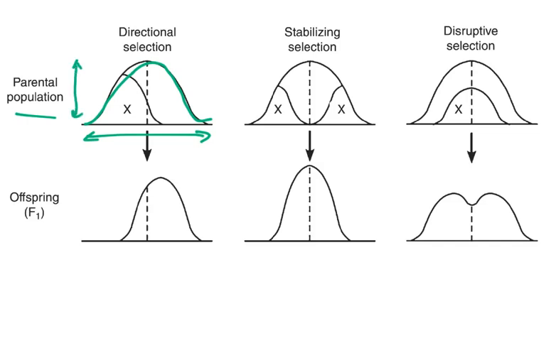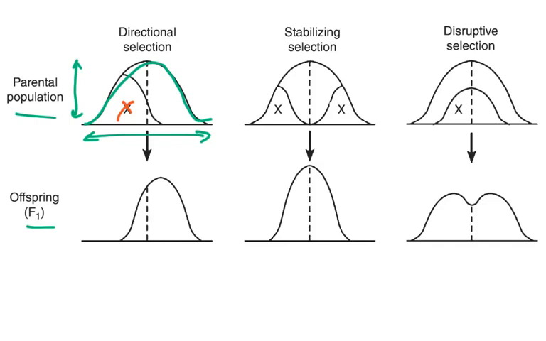So here, originally for this directional selection example in the parental population, we have a normal distribution of different types of phenotypes. The red X's indicate individuals in the parental population that are not going to survive to produce offspring, so those particular phenotypes are going to be lost from the pool, resulting in offspring, which are shown down here with shifted phenotype curves.